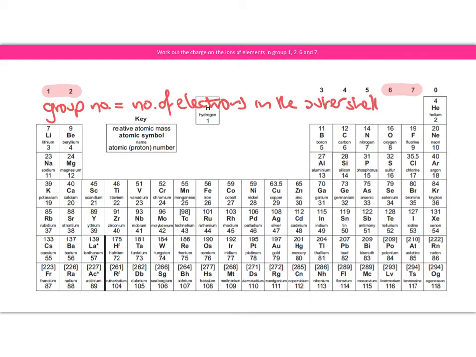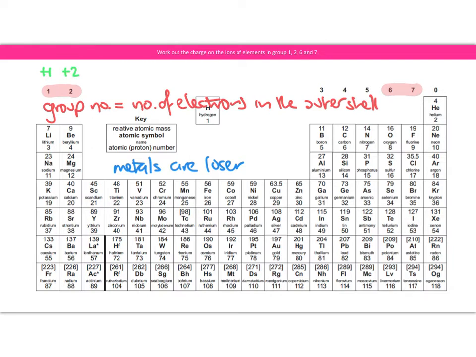If you're to get a full outer shell, you're either going to need to lose electrons or gain electrons. And one of the things to remember is that metals are losers. When it comes to electrons, metals are losers. So if our group 1 elements are to gain a full outer shell, they're going to have to lose 1 electron and form a +1 ion. Group 2 are going to lose 2 electrons, so they form a +2 ion.